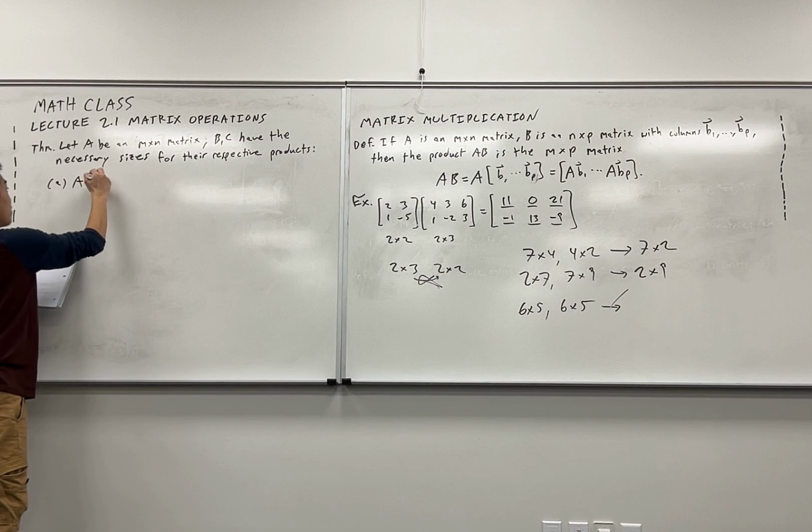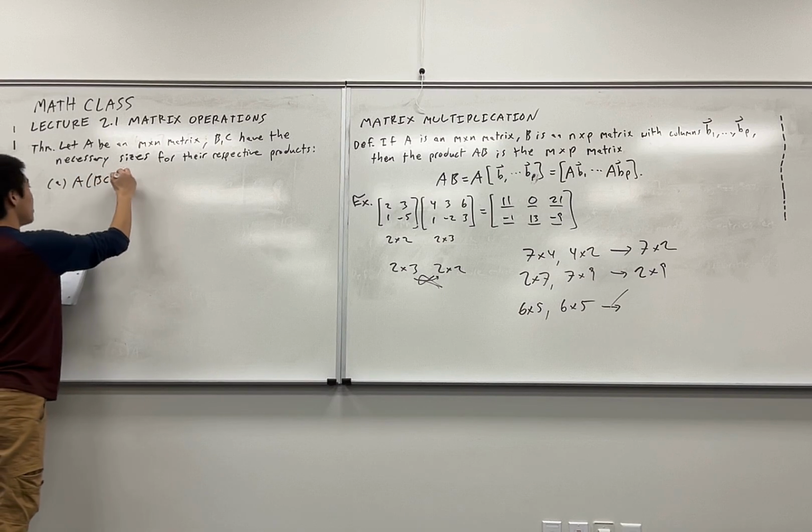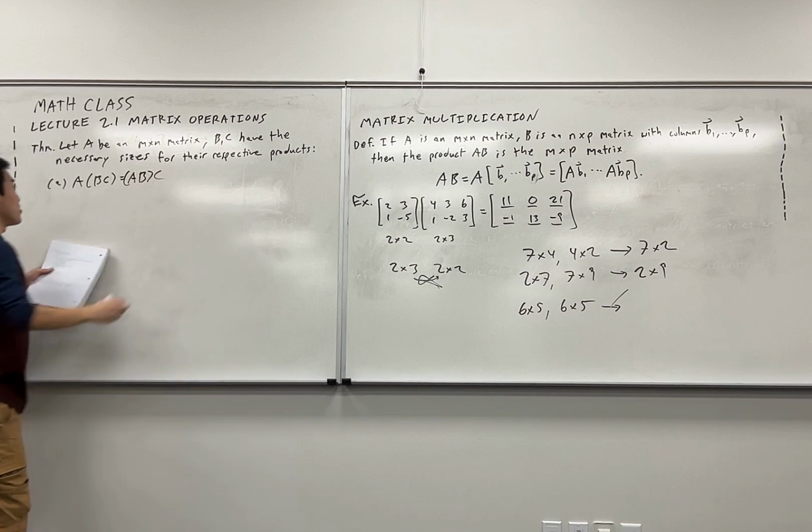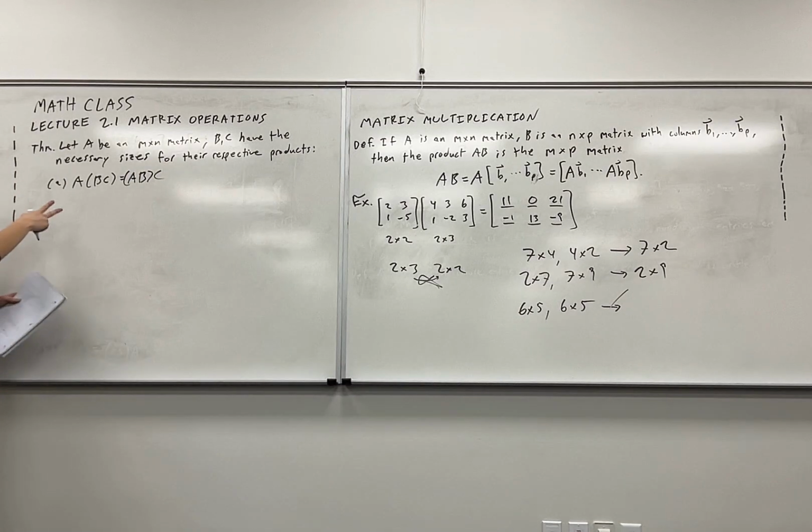We are going to have the associative property. Notice though that I did not start with the commutative property. That's because this does not commute. So I cannot say AB is BA, and that's no good.